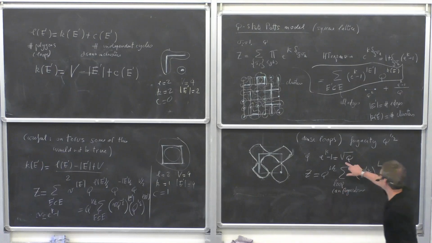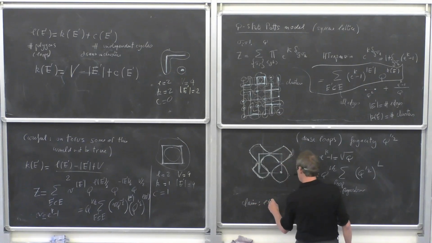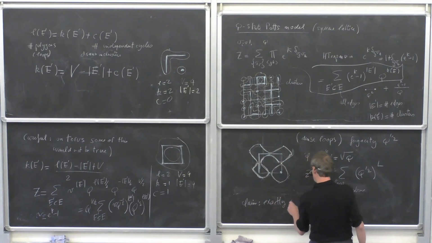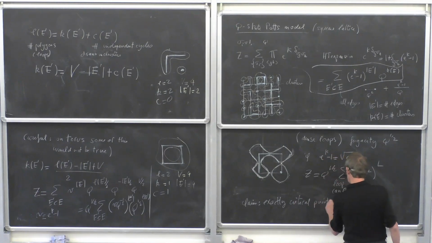And now, of course, this relation is just not an accident. Claim. This is exactly the so-called critical point of the Potts model.